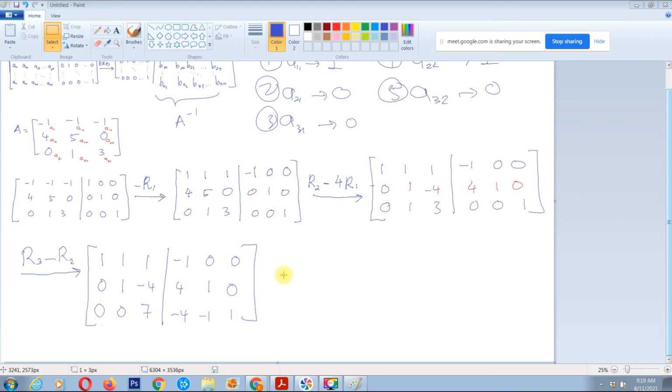Make this 1. So how to make this 1? Make this element 1. So R3, we want to change R3, divide by 7.